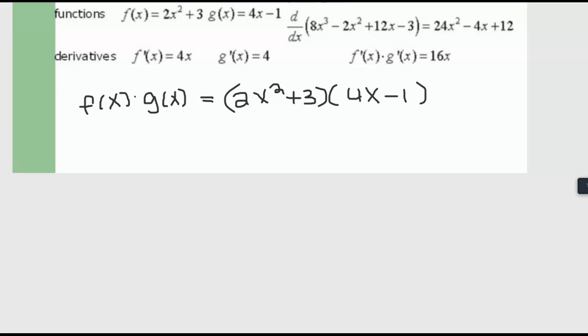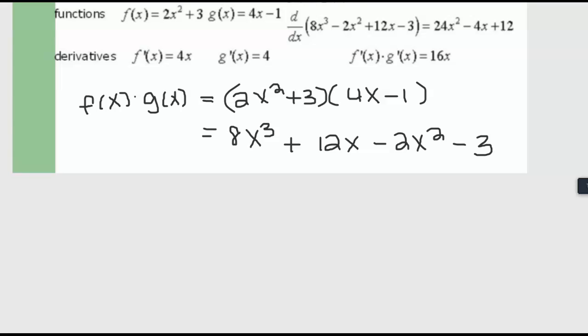Because that is the old way, right? The old way says you would have to multiply the two functions together, get them to a single polynomial. So we get 8x cubed plus 12x minus 2x squared minus 3.